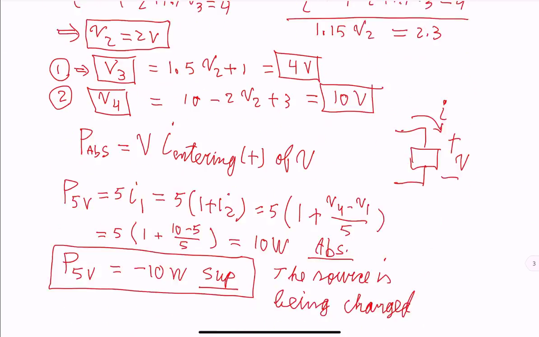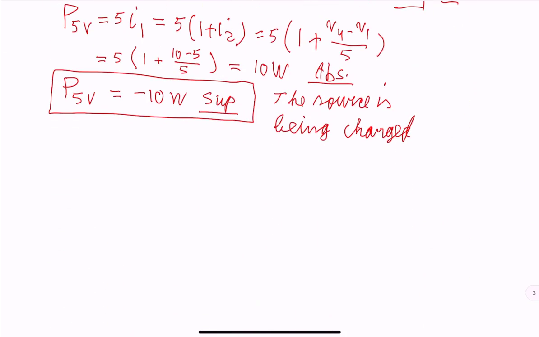So power supplied by 5 amps. Remember, whenever we calculate the supplied power, we have to make sure we write it down. Otherwise, P equal to VI is usually referring to absorbed power. So that's 50 watts supplied.